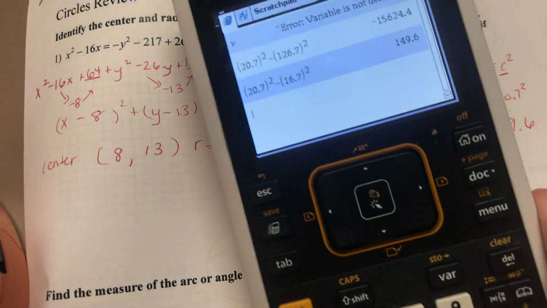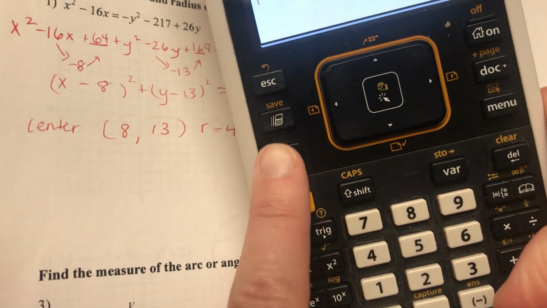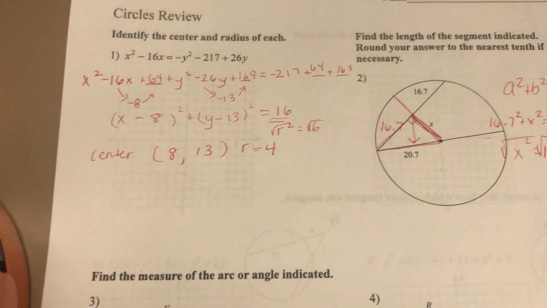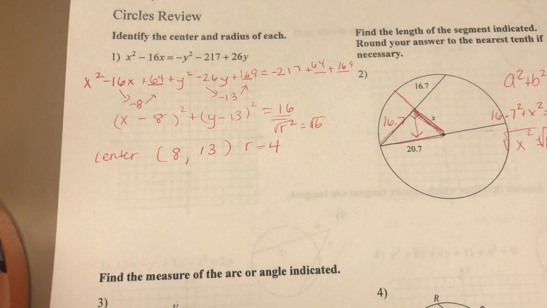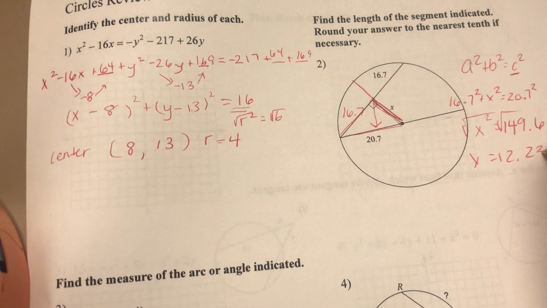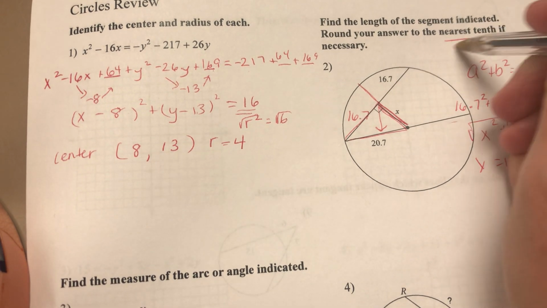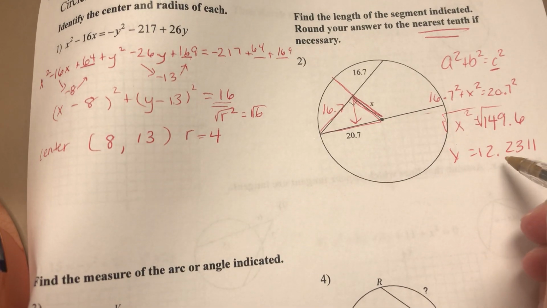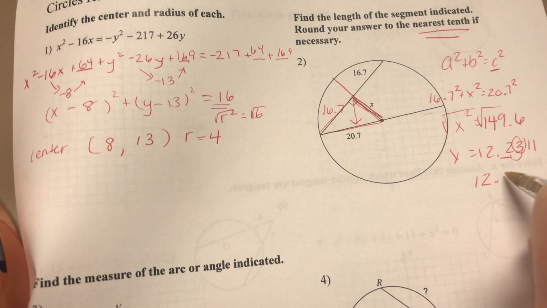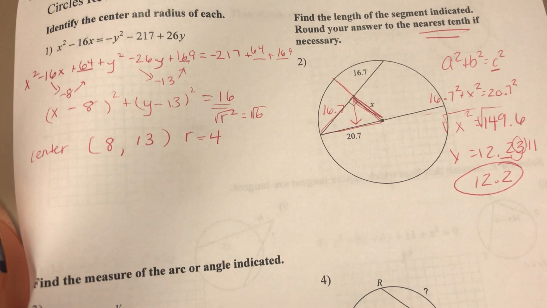So again, on my calculator, I'm just going to hit Control square root to get that square root symbol, as a reminder, just in case you're out of practice. 12.2311, nearest tenth. So I look, here is the tenths place. Next to it, I have a 3, so that will keep it as 12.2.